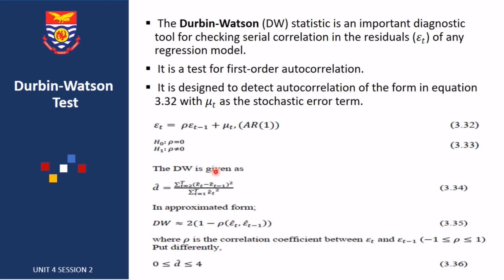So the Durbin-Watson statistic is given as follows. The d represents the estimate of the Durbin-Watson, because we have earlier said that a hat on any variable or parameter indicates that it is an estimate. The Durbin-Watson is estimated using the model in equation 3.34, where epsilon hat t represents the current residuals, and epsilon hat t-1 is the previous day's error term.